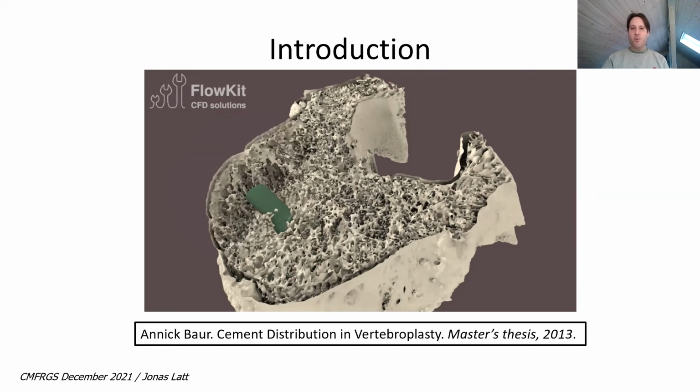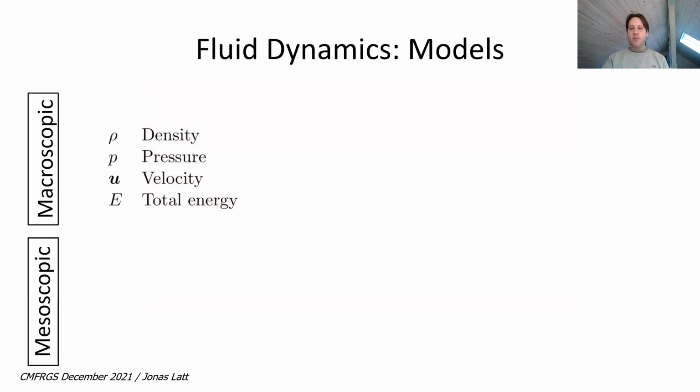Okay, so what is lattice Boltzmann? Lattice Boltzmann is a method maybe some people don't know, so we call that a mesoscopic method, and this is opposed to macroscopic methods, which are more traditional approaches, where you just treat macroscopic variables, the ones which you are measuring in the lab. So for a compressible fluid, that's going to be the density, the pressure, the velocity, the total energy, and then you are going to solve conservation equations for that fluid.